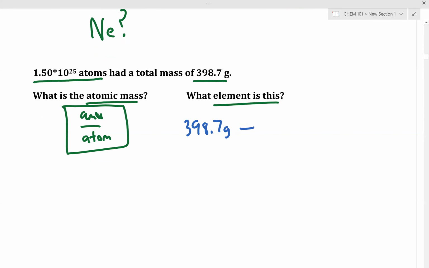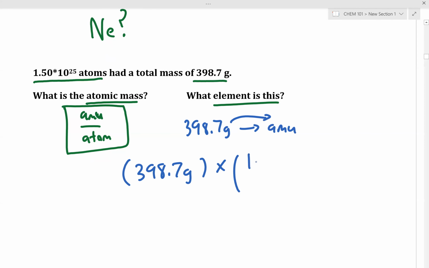So we have 398.7 grams, and we want to go from grams to AMU. So let's do that. So 398.7 grams. And if we want to go from grams to AMU, what units need to be on top? AMU. So we know that 1 AMU corresponds to 1.67 times 10 to the negative 24th grams.